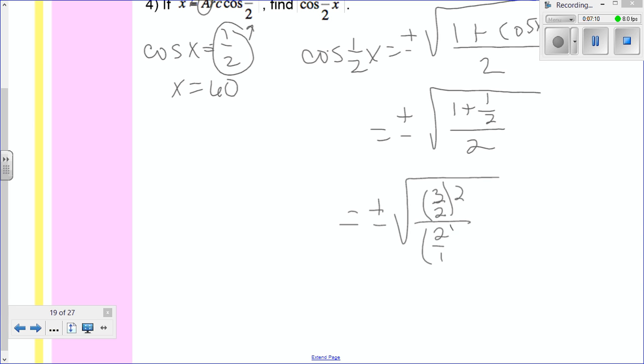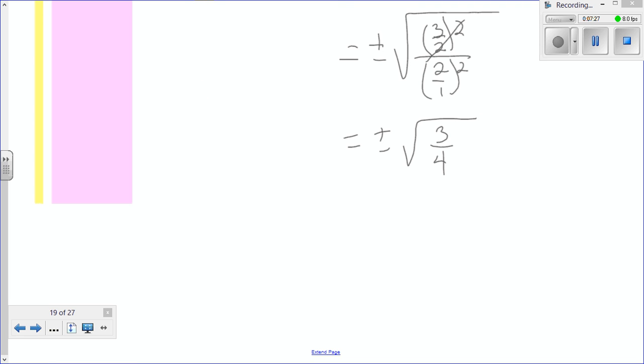Multiply top and bottom by 2. So the 2's cancel out. I have plus or minus radical 3/4, which is equal to plus or minus radical 3 over 2.